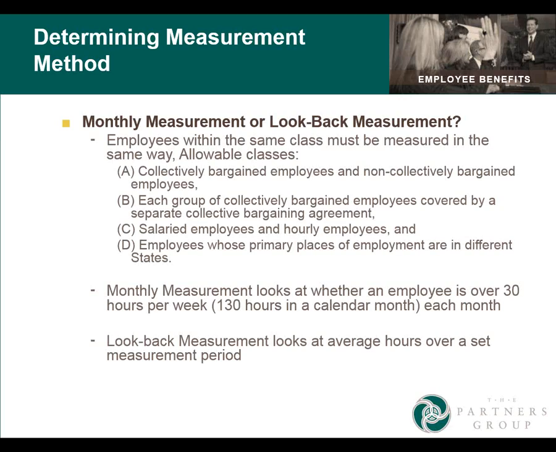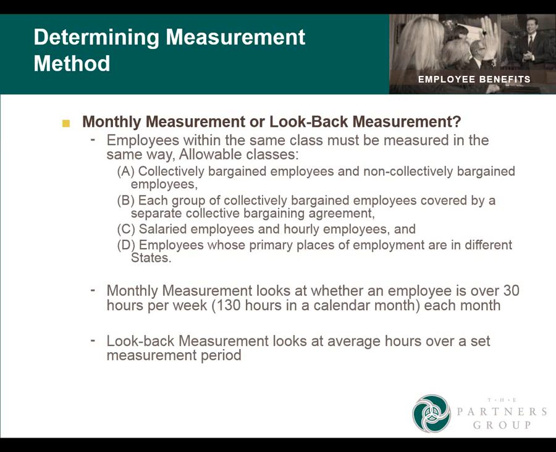So once again, that does not mean that if you hire somebody at 17.5 hours a week, and you know the day that you hire them that's what they're going to work, that's enough to be qualified for benefits by that group. They can go directly onto the plan first of the month following date of hire or whatever your eligibility guidelines recommend.